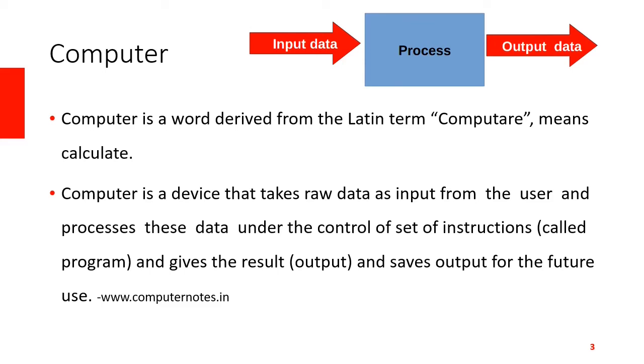In today's terms, a computer is a device that takes raw data input from the user and processes it under the control of a set of instructions, which is what we call the program, and then produces the output for future use. There's a fun fact: some of you have seen the logarithmic tables that we use.